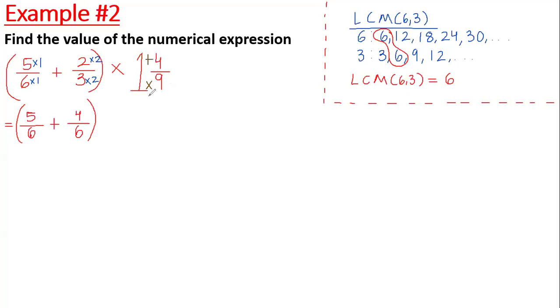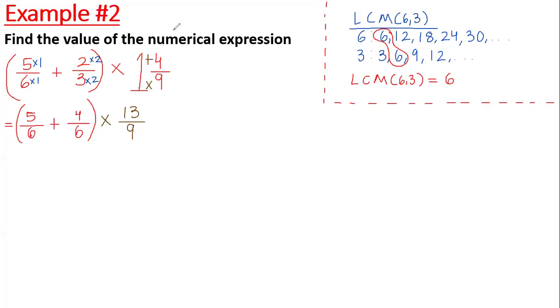So 1 times 9 is 9, plus 4 is 13. So it's going to be 13 over 9. Very good. And so we have 5 over 6 plus 4 over 6 multiplied by 13 over 9.